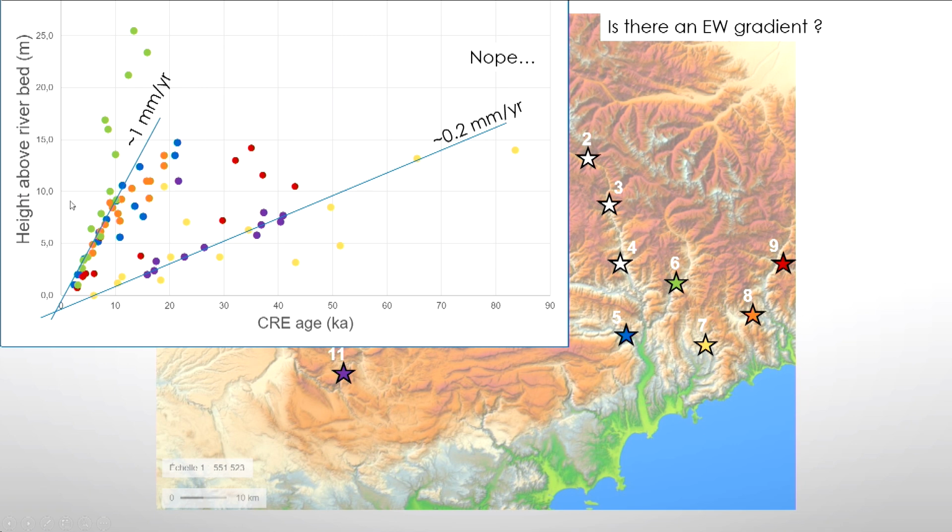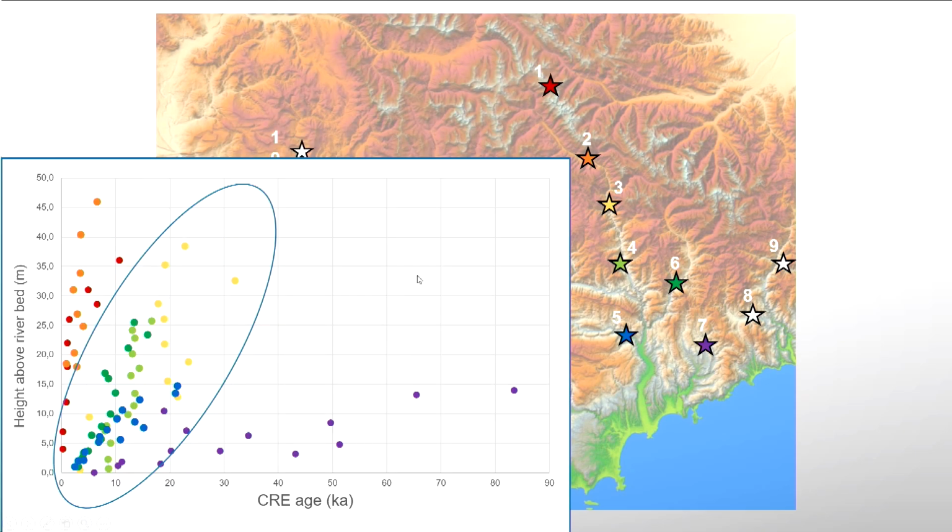So we find this consistent value around 1 millimeter per year, after 10,000 years. And we find also that these 2 points, the yellow and the purple one, align around an incision rate of 0.2 millimeters per year. Okay, so what does it mean?